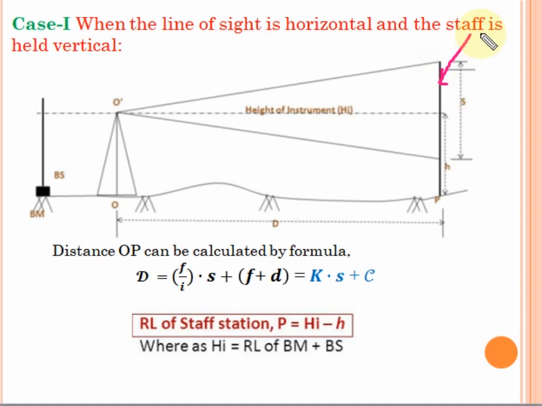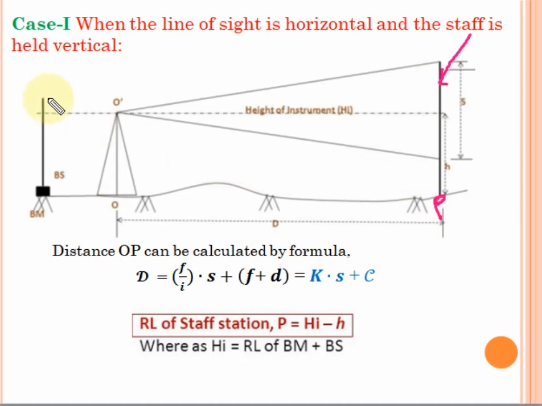We already know the leveling staff; its least count is 5 mm. You bisect the staff at a certain distance from the instrument station, with the staff kept at point P. From O to P the distance is D.